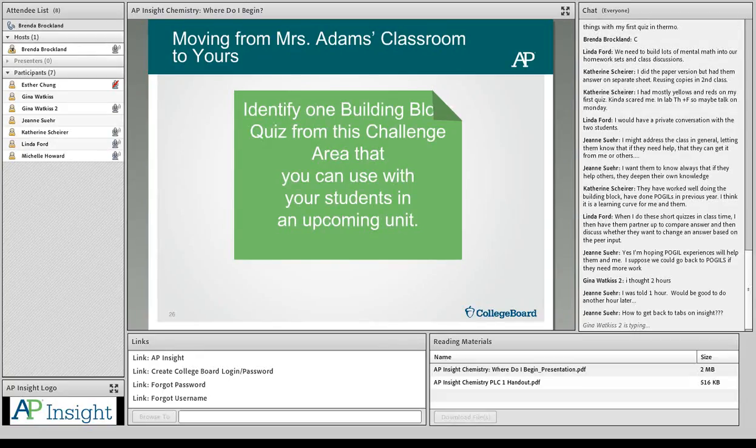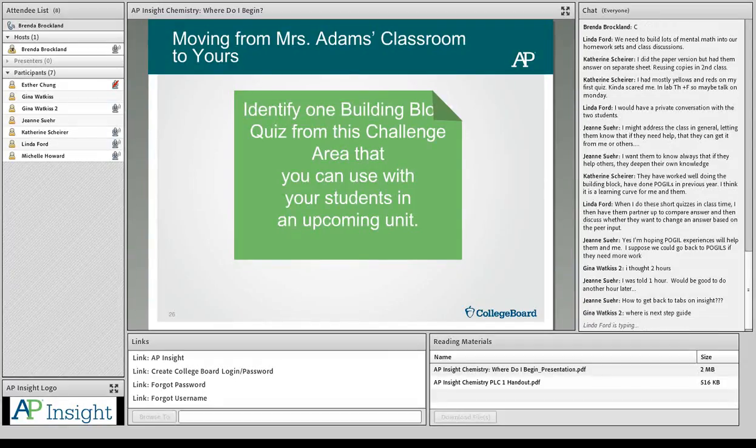And so at this point, I'd recommend looking back at that first document we downloaded, which was the challenge area guide, and looking to see which of those building blocks might be most useful to you and your students.